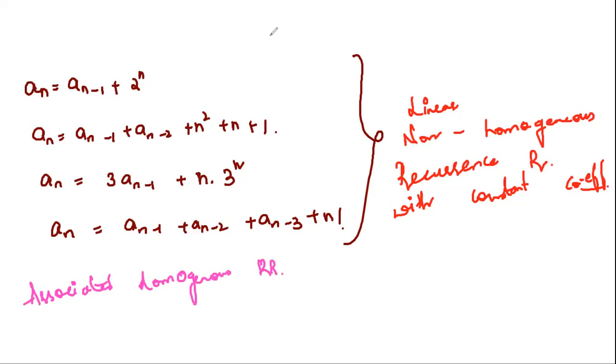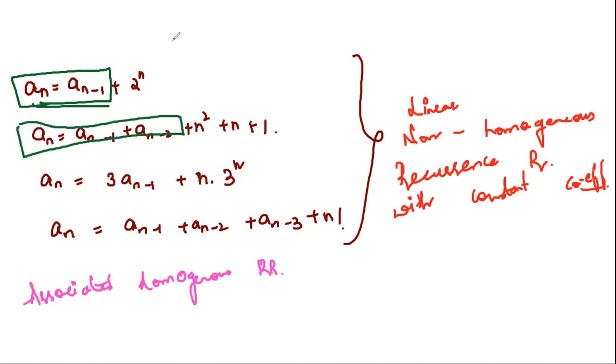Just underline the associated homogeneous recurrence relation. This is the associated homogeneous recurrence relation in the first case. In the second case, you have to exclude the terms which do not contain a_n, so these terms will be excluded, and this is the associated homogeneous recurrence relation.